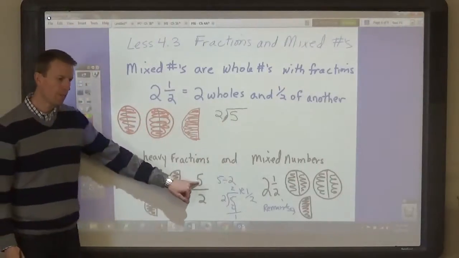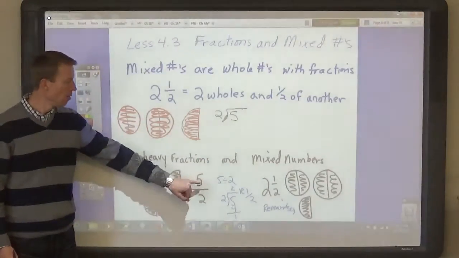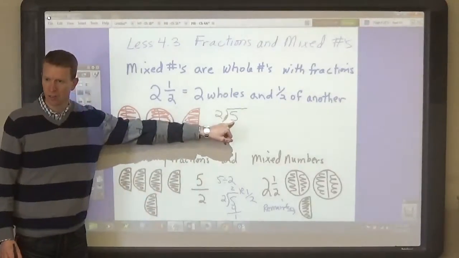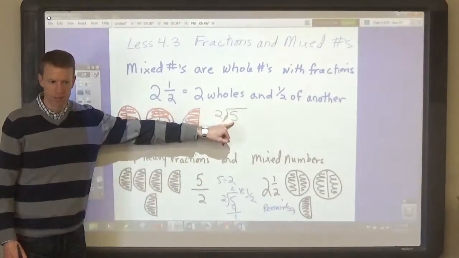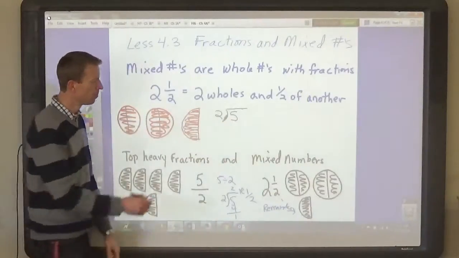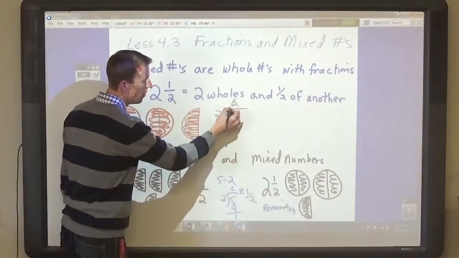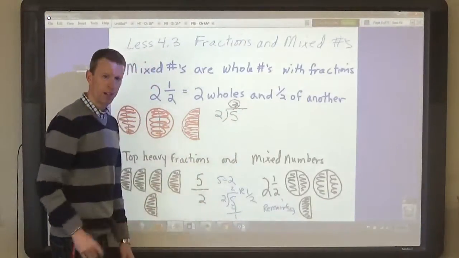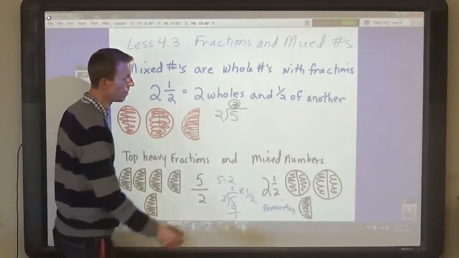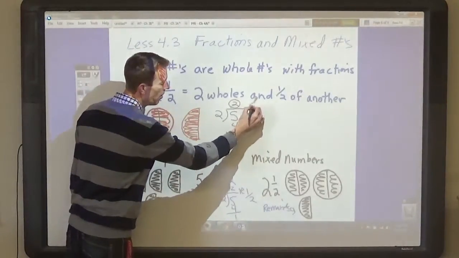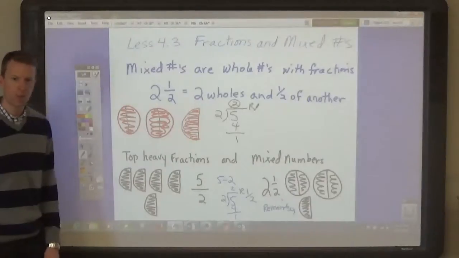So when you are converting those, you're always going to put the top number inside the house to divide it. Then, when you do that, the answer is going to be the number of wholes you could make. And the remainder is going to be the number of leftover pieces.